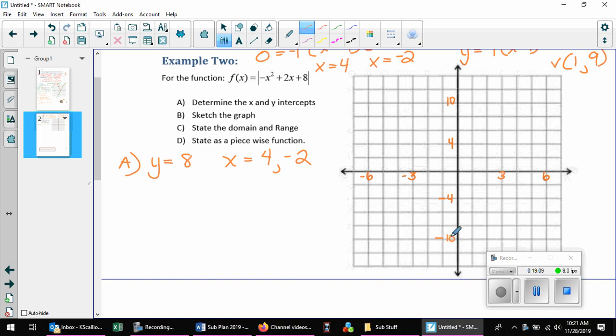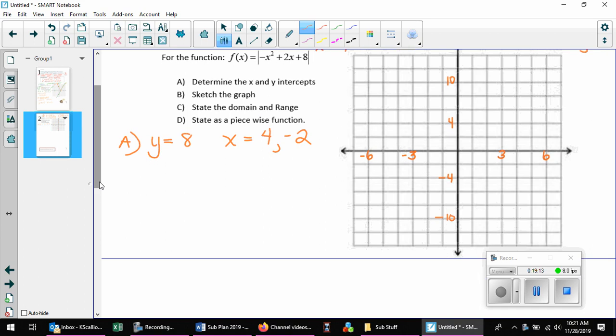All right. I hope that's enough. So I went up by 1s on my x-axis, and I went up by 2s on my y, just because I need some space to get to 9.